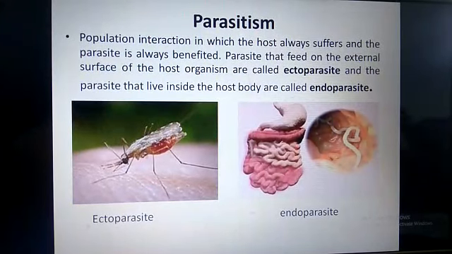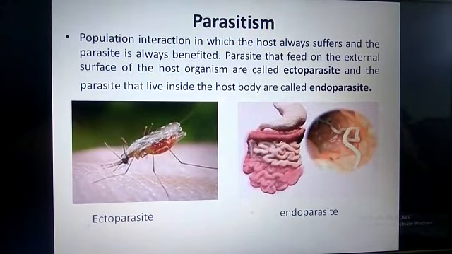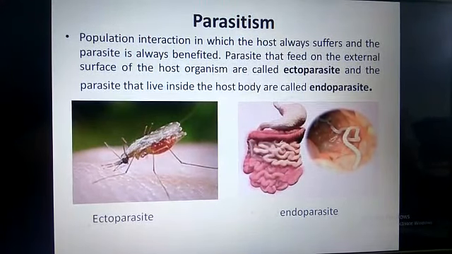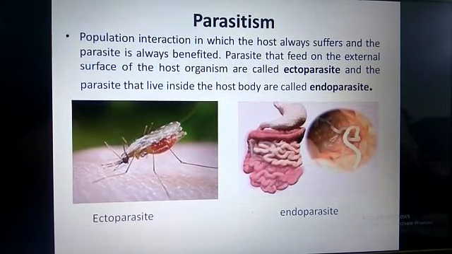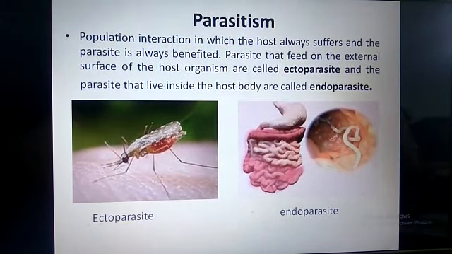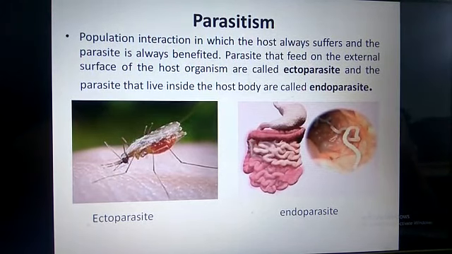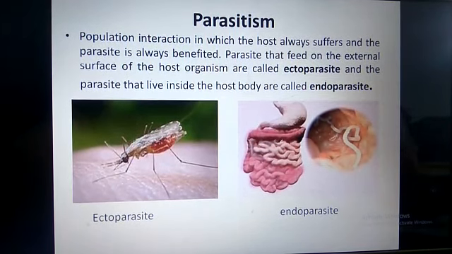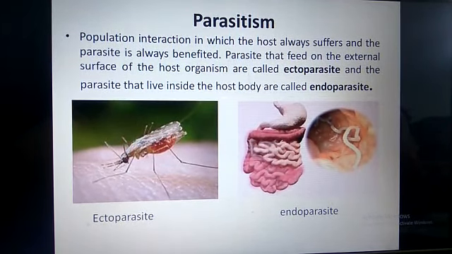Now let us go to the next population interaction, that is parasitism. In parasitism, the host always suffers and the parasite always benefits. The parasites that feed on the external surface of the host organism are called ectoparasites. An example is the mosquito.